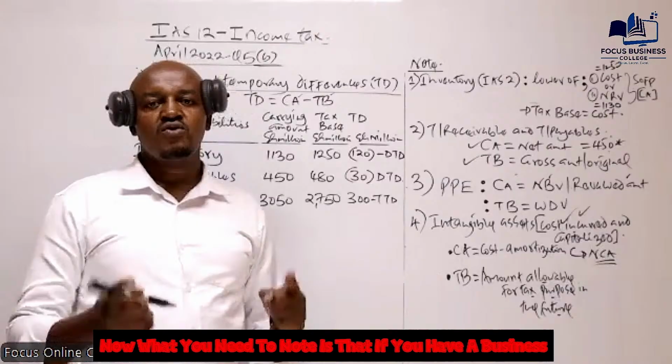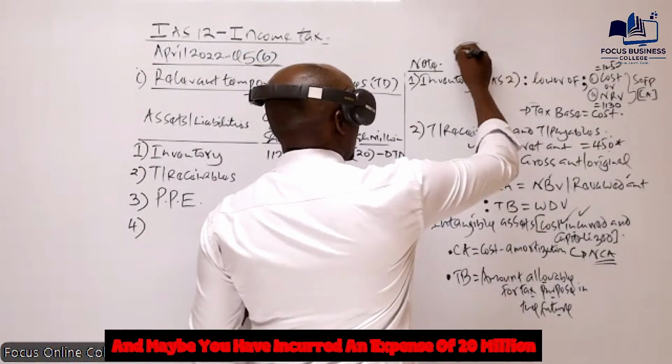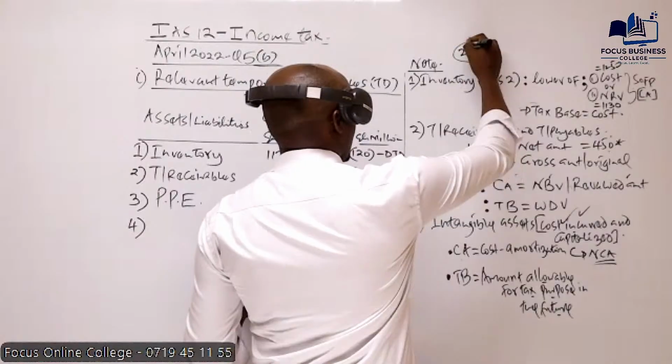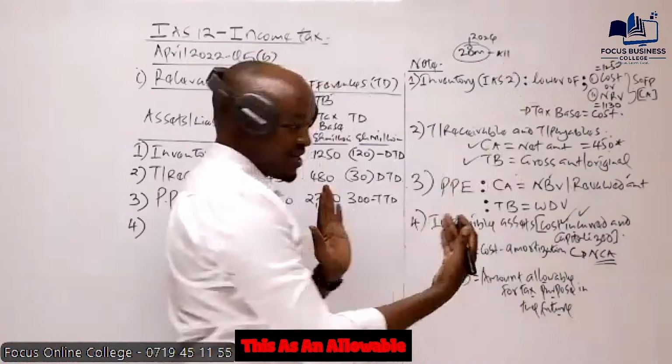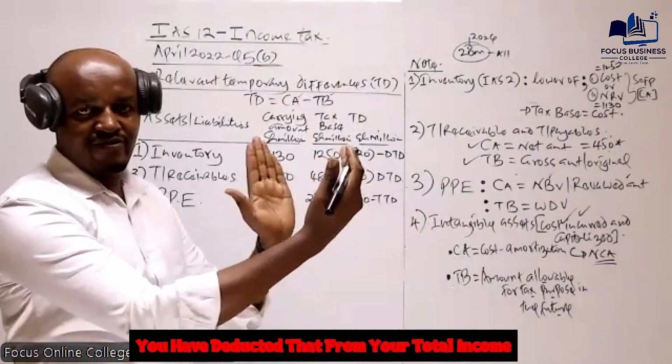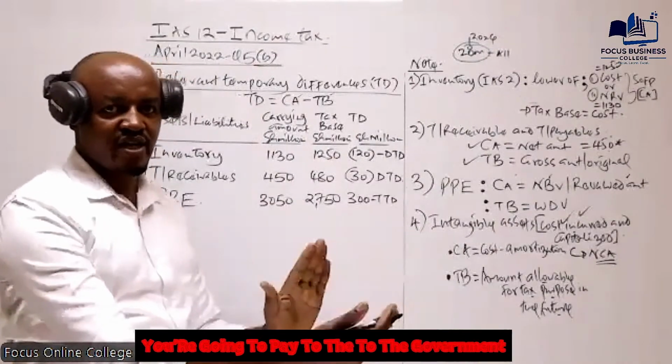Now, what you need to note is that if you have a business and maybe you have incurred an expense of 20 million during the current year, the year 2026, and you treat this as allowable expense, by treating it as allowable expense, you have deducted that from your total incomes in determining the amount of tax you are going to pay to the government.